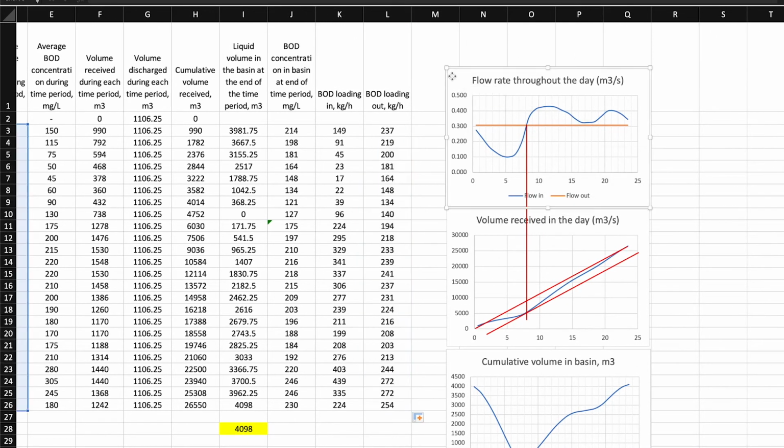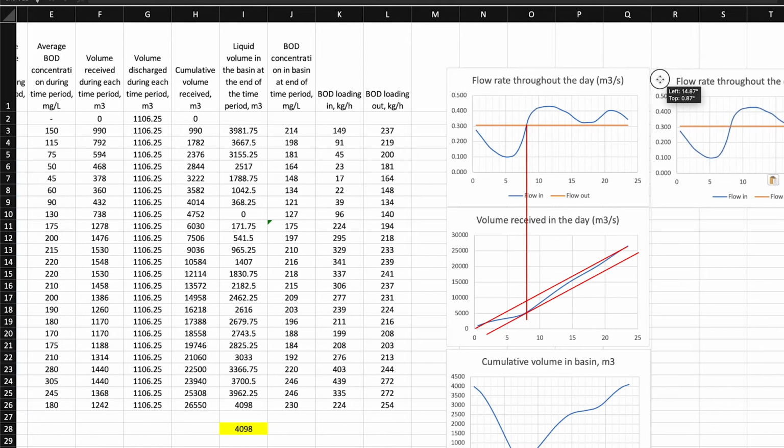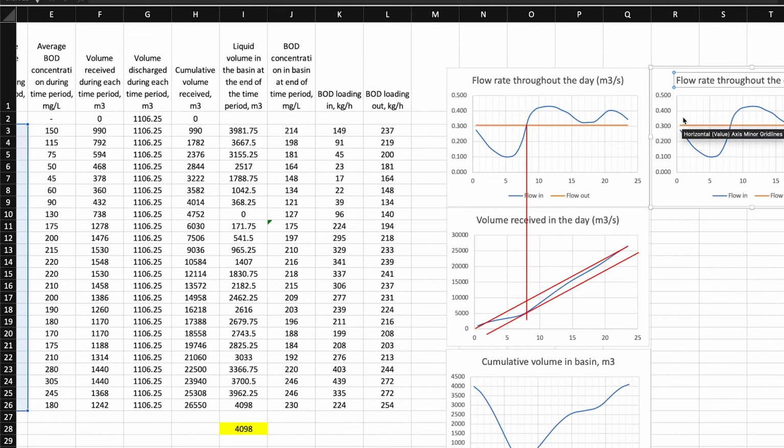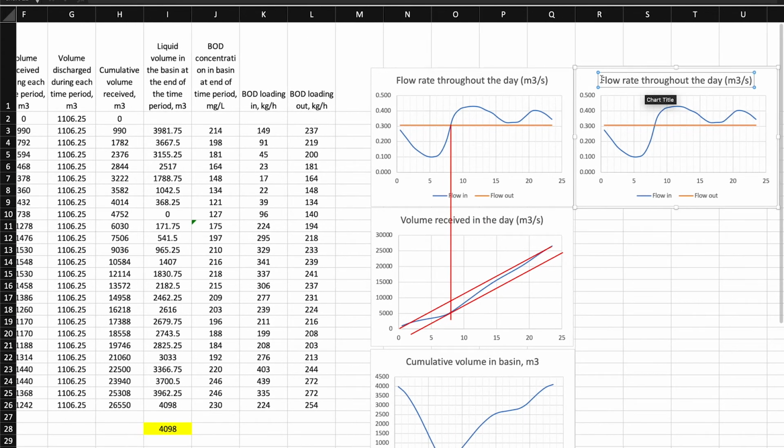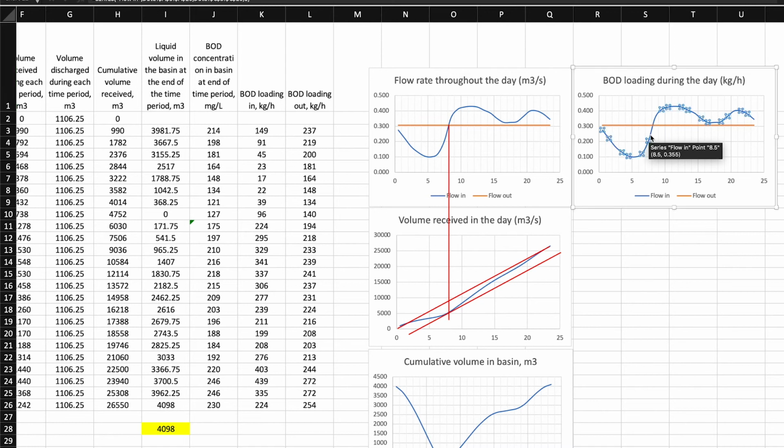We can plot these just like we plotted the flow rates coming in and leaving the basin. So using the same template, I'm going to change the title. And now change the cell reference.